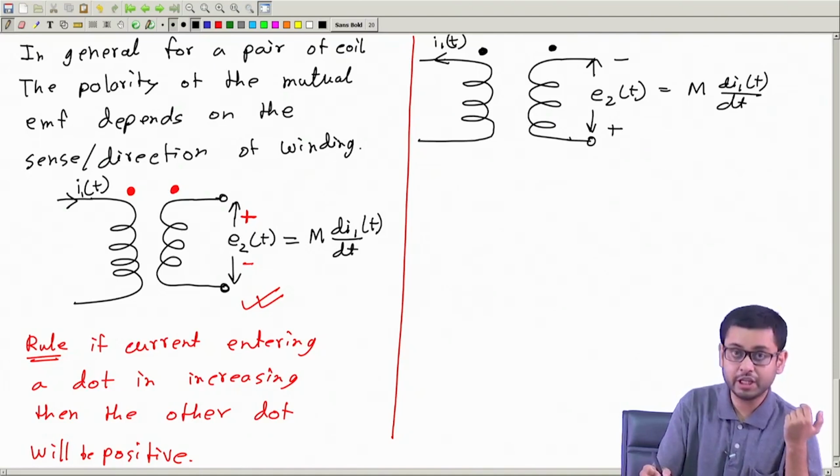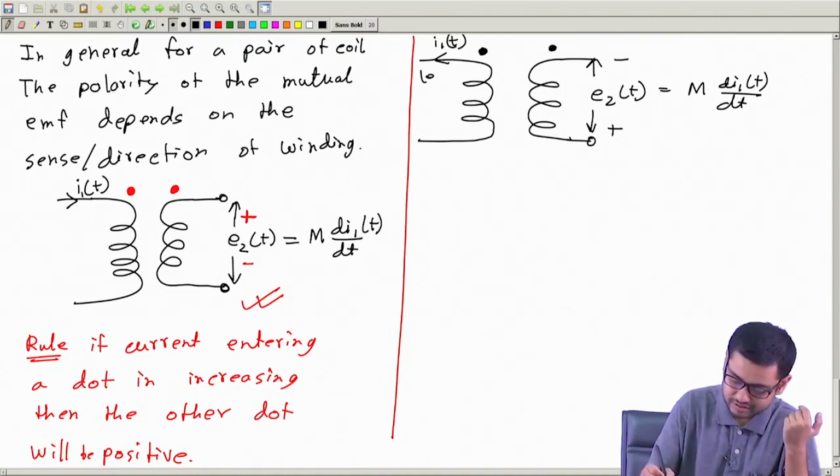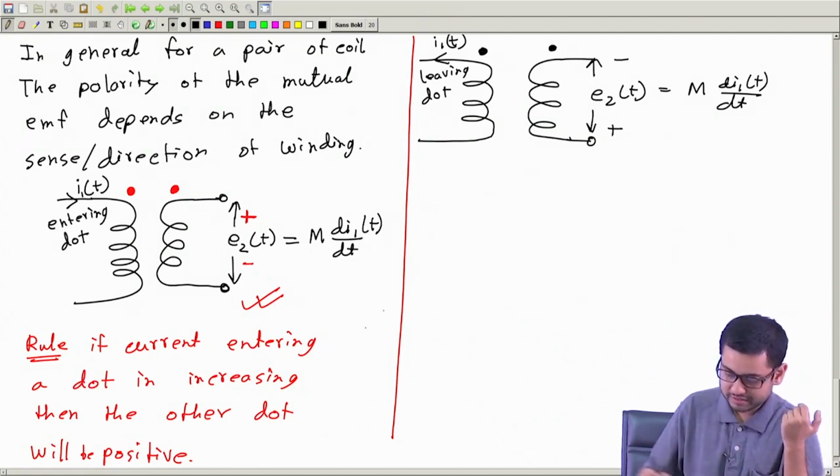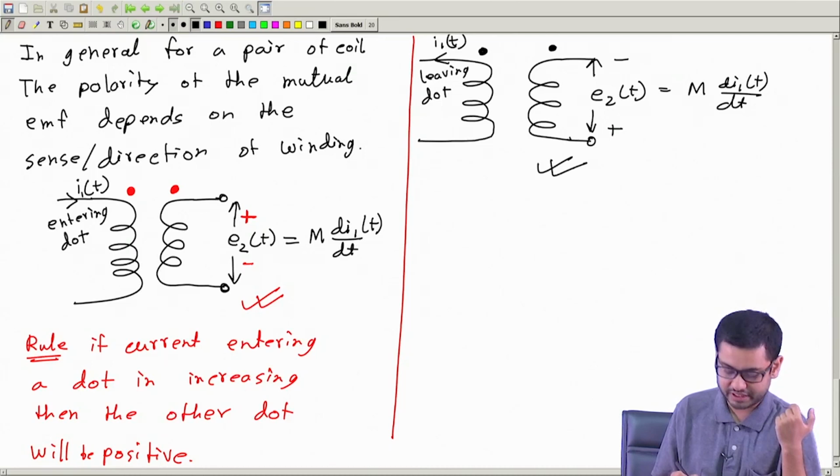Why? Because this is leaving the dot, entering through dot. Okay, so that's the convention, that's the dot convention.